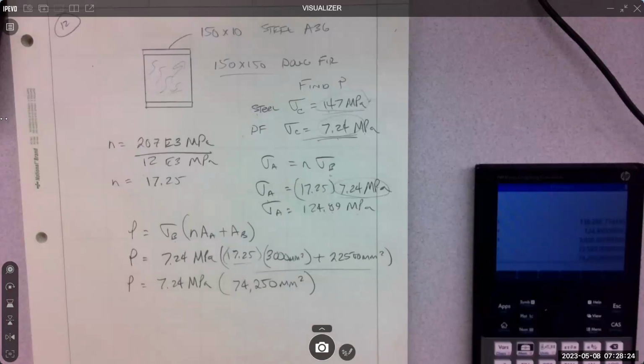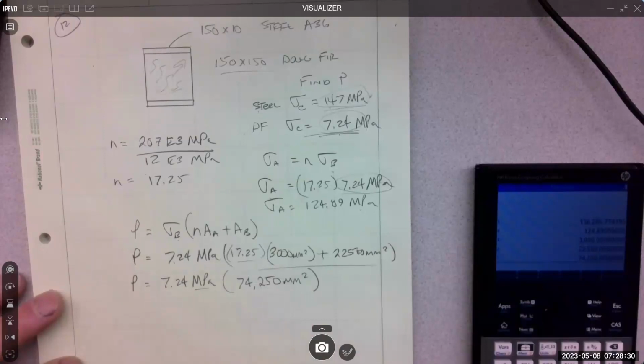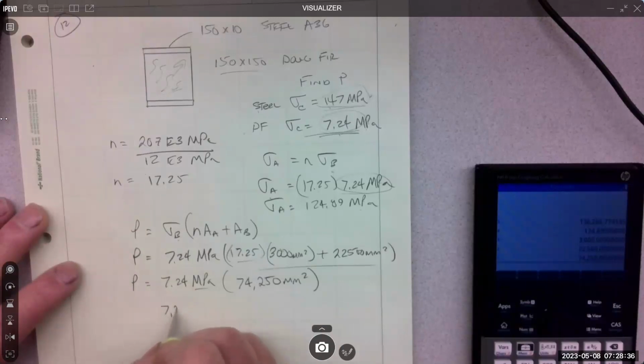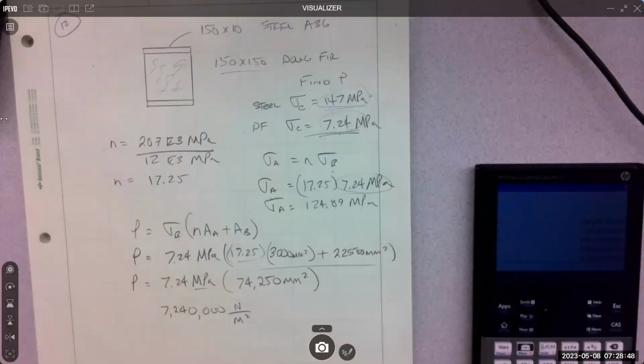So now, just to make sure things work out well here, I know that a megapascal is mega being 10 to the 6. So I'm just going to write 7.24, and move it 3 places, 1, 2, 3, and another 3 places. And a Pascal is a Newton per meter squared. Correct? Or a kilonewton. I think it's kilonewton. We have a brain glitch. Yeah, it's not. A Pascal is a Newton per meter squared. So I had it right.